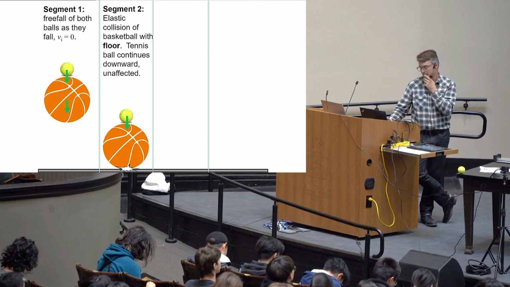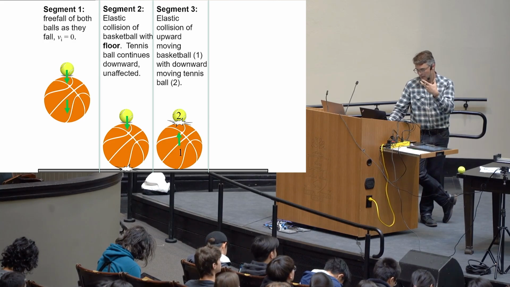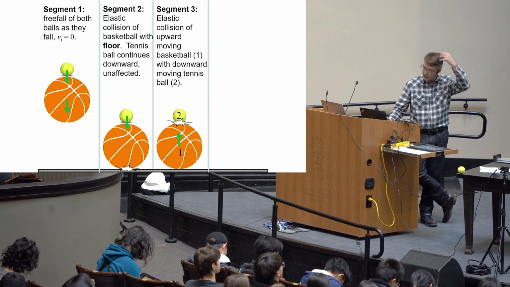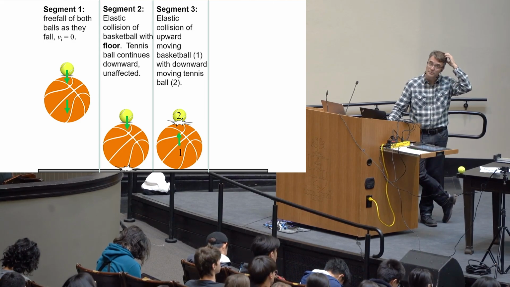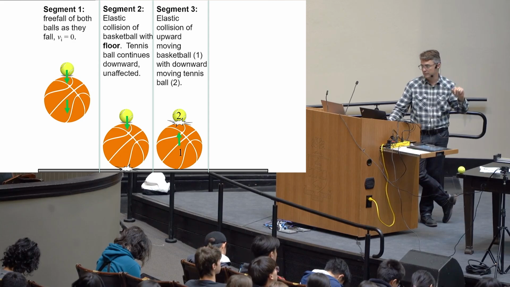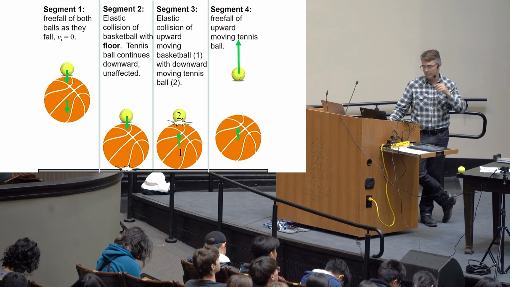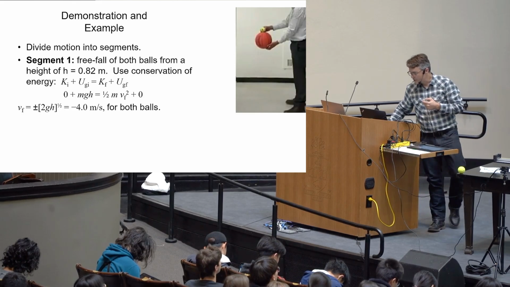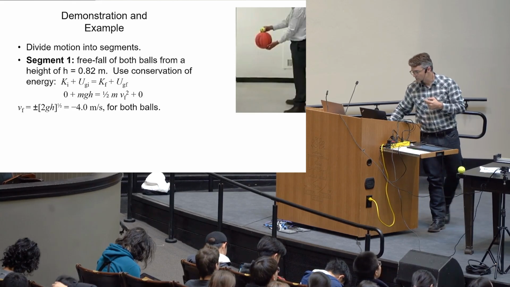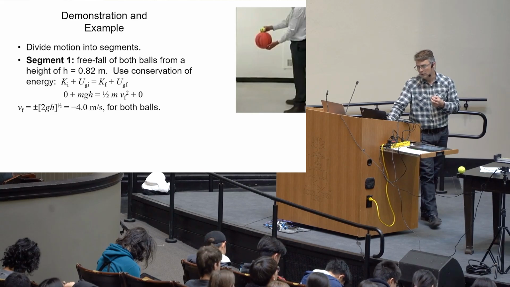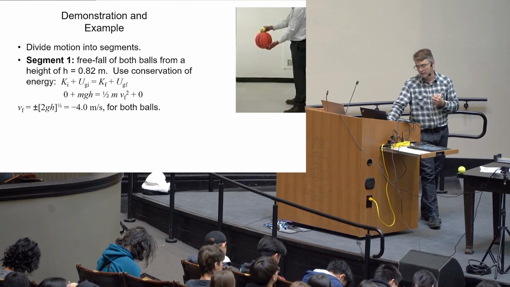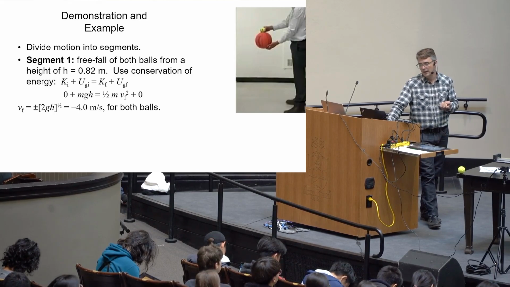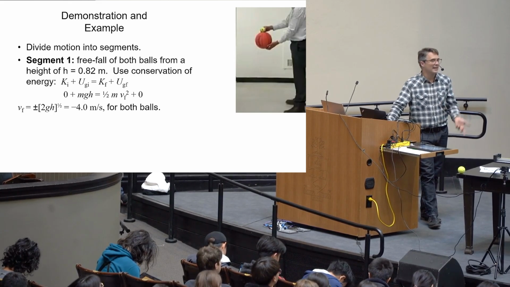Then in segment 3, there's this next collision between the basketball and the tennis ball, which does conserve momentum and kinetic energy, because the floor is not involved in that collision. And then segment 4 is they go up. Just before they hit the floor, if they fall a distance of 0.82 meters, I can use conservation of energy, or I could use kinematics, whatever.